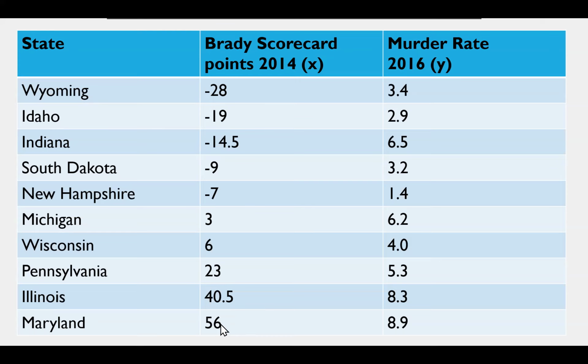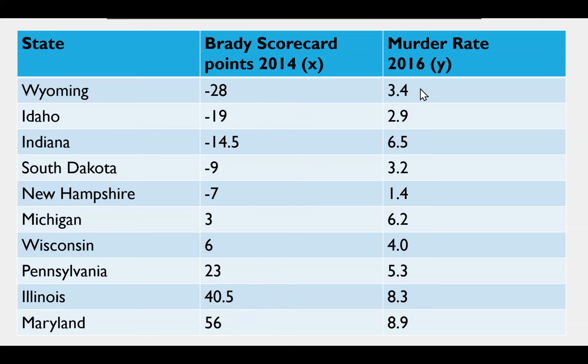So Maryland has stricter gun laws than Idaho, and Illinois has stricter gun laws than Indiana. So that's how you read that. Stricter gun laws mean higher Brady scorecard points.